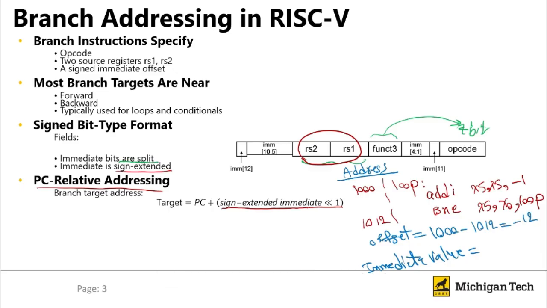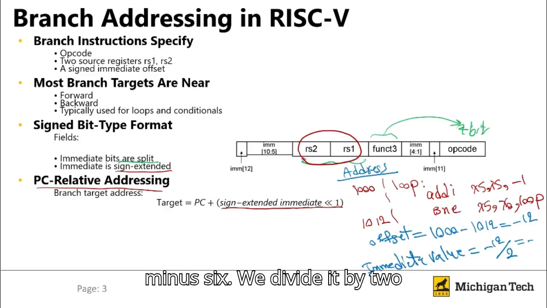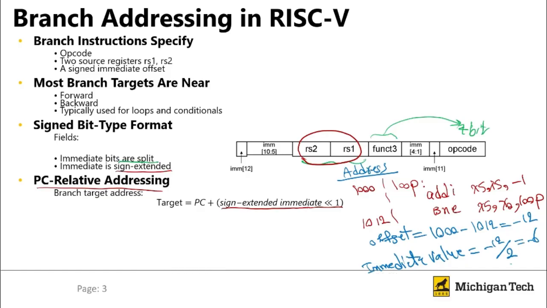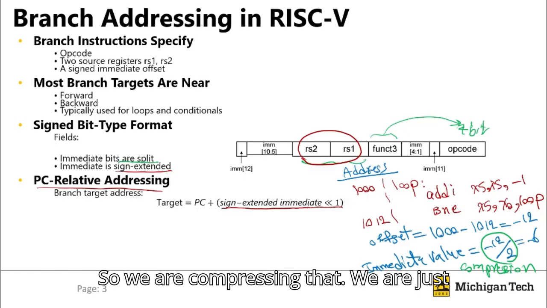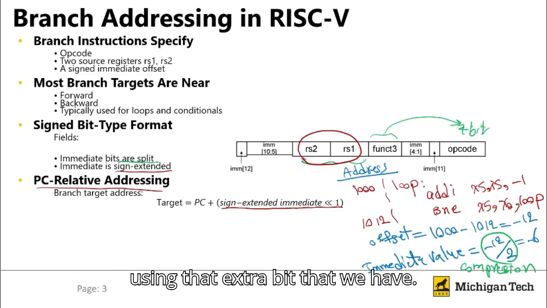Then the immediate value is minus 12 divided by 2, minus 6. We divide it by 2 to do compression. We are just using that extra bit that we have.